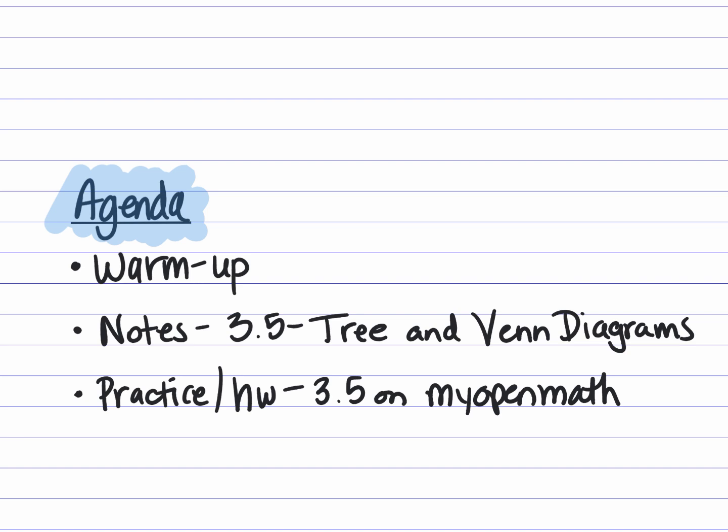It was kind of a long problem that I think a lot of people will need some help with. And a couple examples from the notes, and you guys will finish up this lesson with practice on My Open Math for lesson 3.5. So let's go.